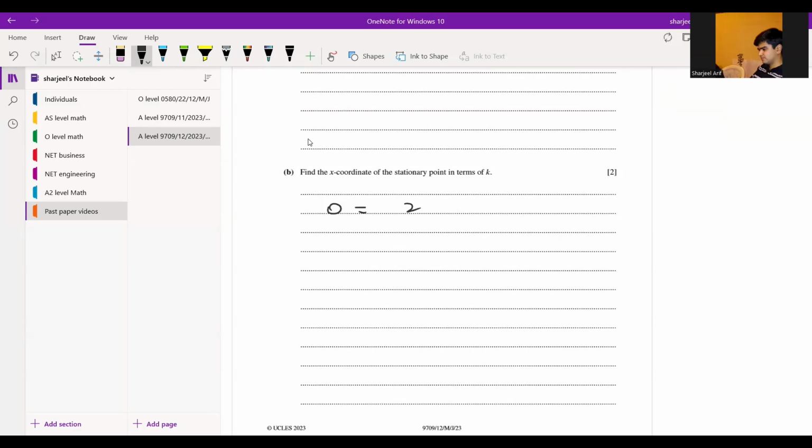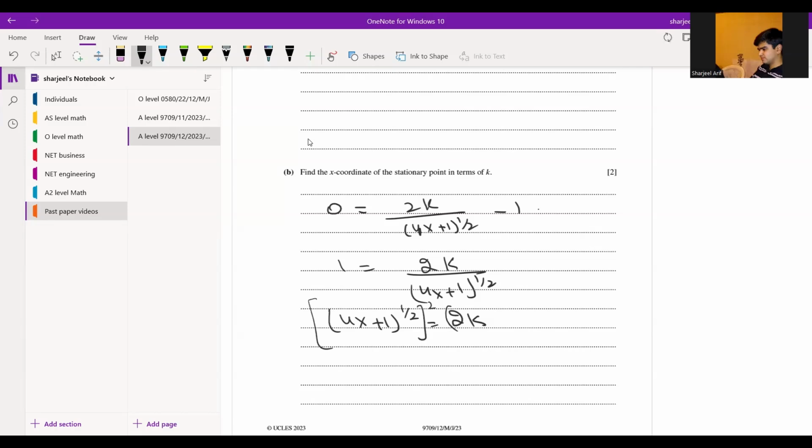For the stationary point, we will have to substitute the value of dy/dx equals 0. Again, 2k over square root of (4x + 1) minus 1. This will become 1 equal to 2k over square root of (4x + 1), cross multiply to get 2k, squaring both sides, we will get 4x + 1 equal to 4k squared, and x will be (4k squared minus 1) over 4.